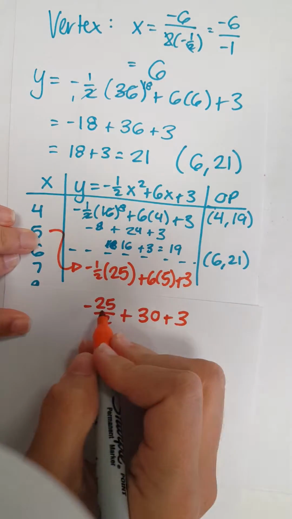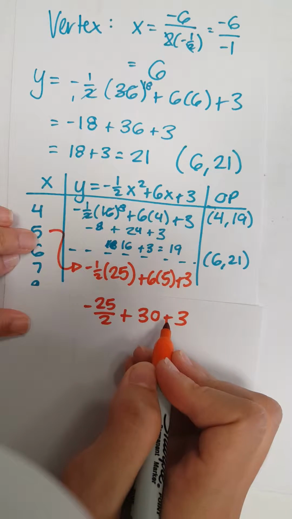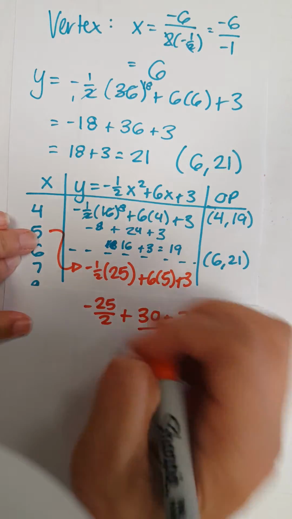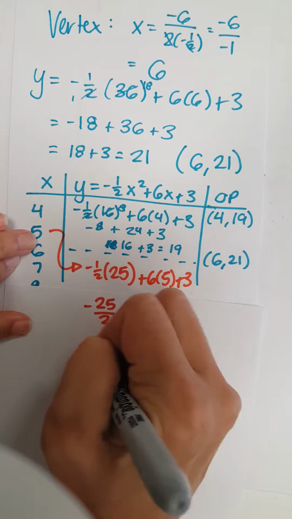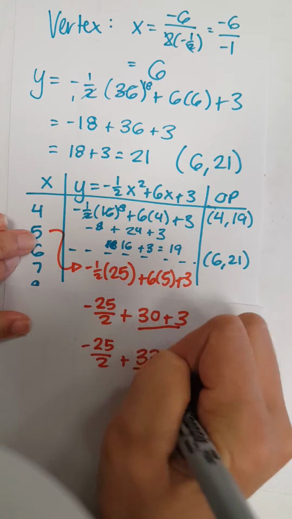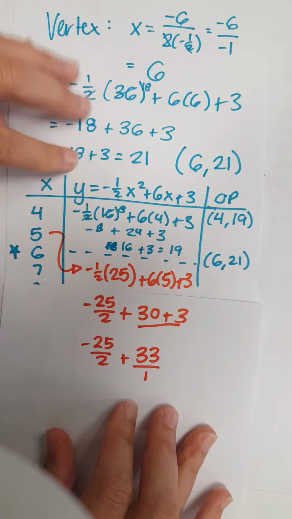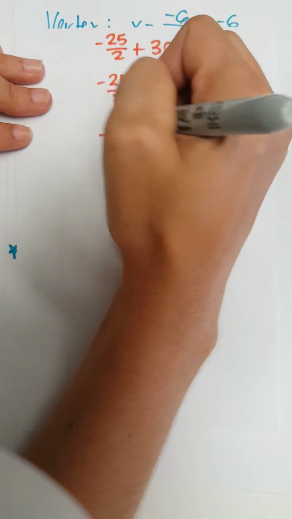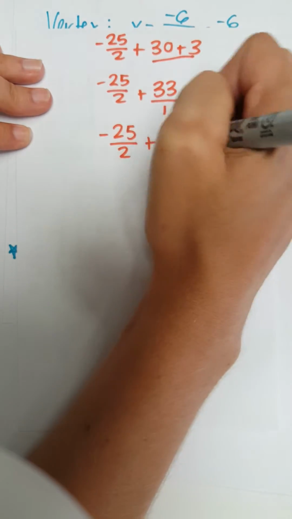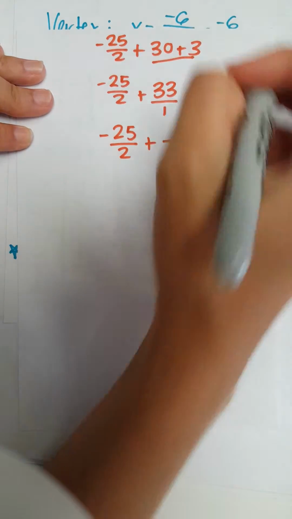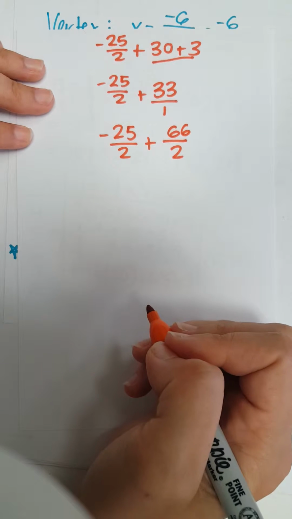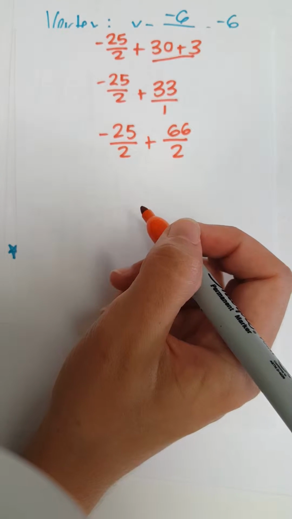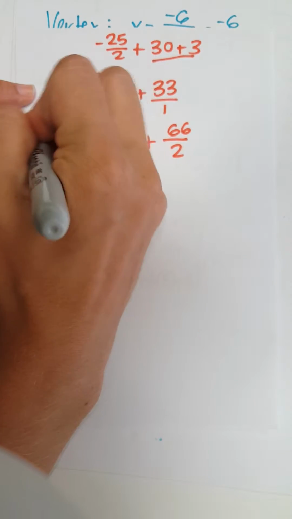Now remember, I told you that the commutative property of addition says you can add in any order. So we know it's -25 over 2 plus 33 over 1, which means we have to make them both over 2, because that's going to be the least common denominator. So I've got to multiply 33 times 2, so that's going to give me 66.